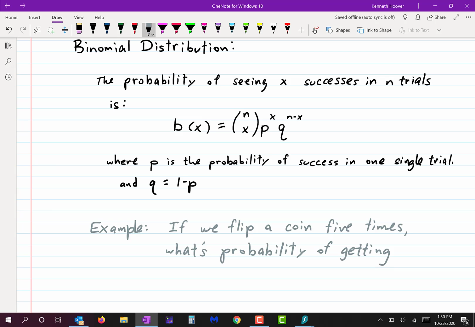But that's one of the beauties about a Bernoulli distribution, where there's only 2 possible outcomes. I don't have to say what's the probability of getting 3 heads and 2 tails. I can say what's the probability of getting exactly 3 heads, and then that automatically means the other 2 would have to be tails, because that's the only other possible outcome.